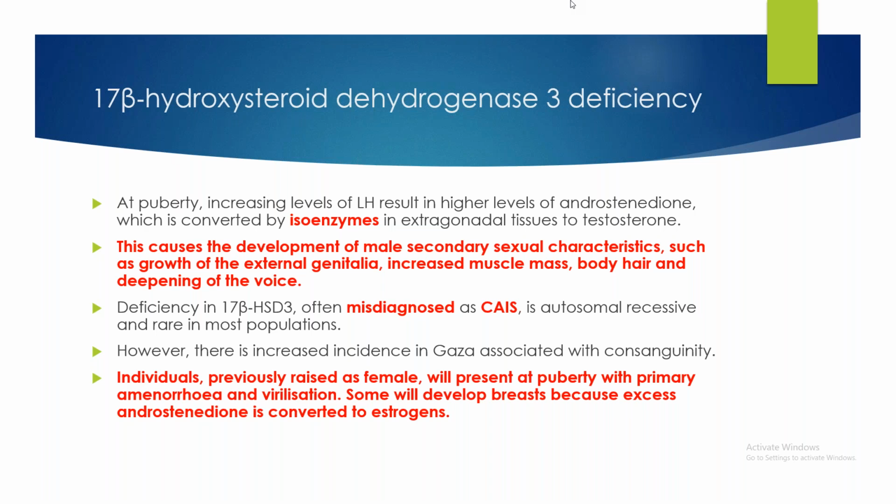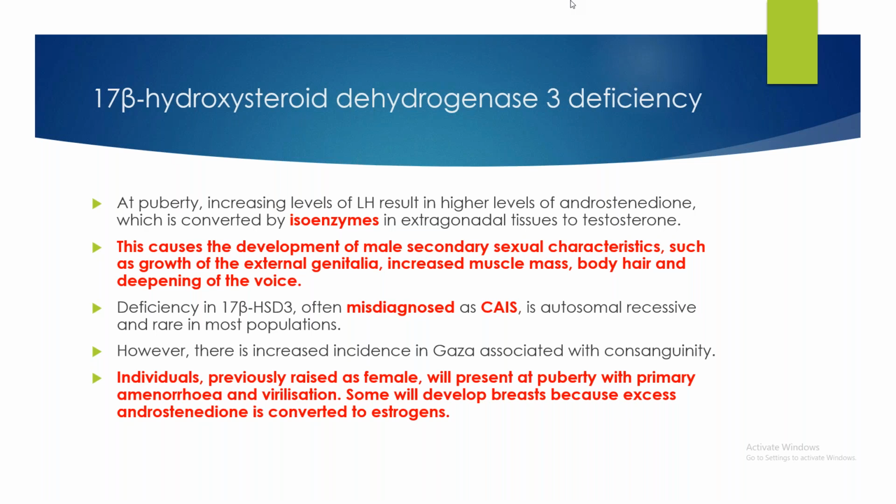What happens? So that is at birth. Now at puberty, what happens? Increased LH will result in higher levels of androstenedione. Subsequently, these isoenzymes will convert it into more testosterone. So at puberty, there will be development of male sexual characteristics like growth of external genitalia, virilization, increased muscle mass, and body hair.